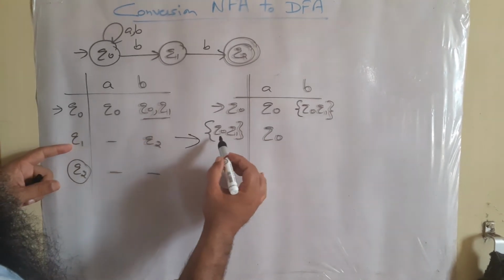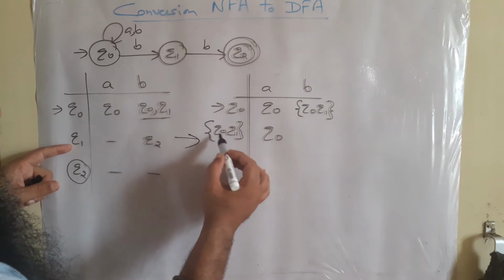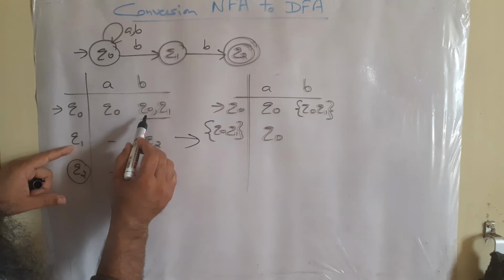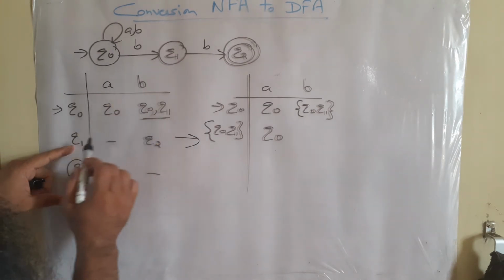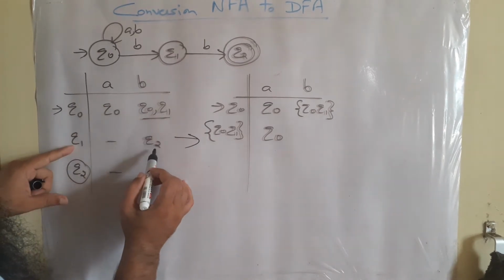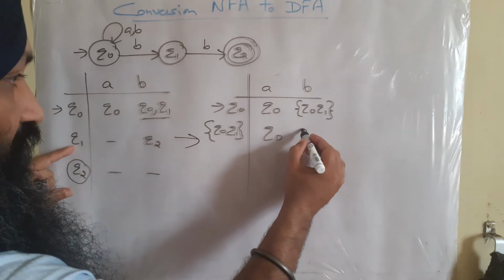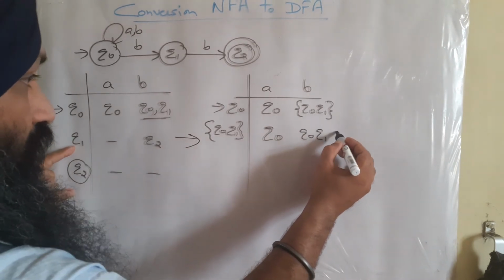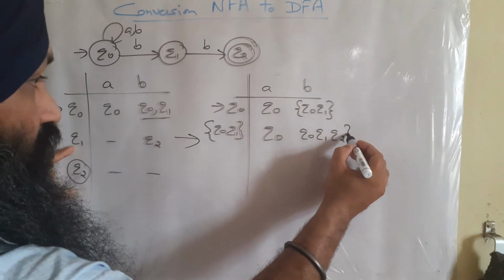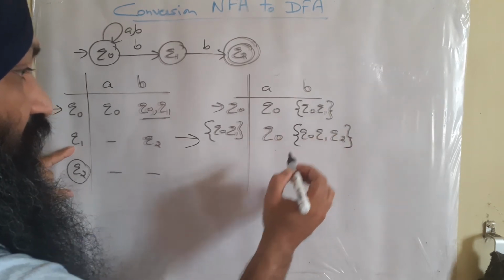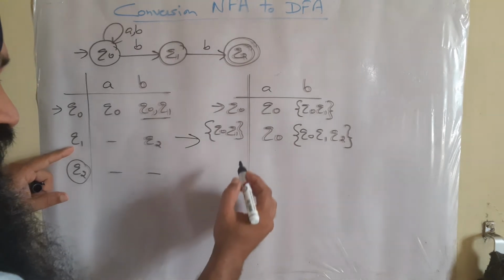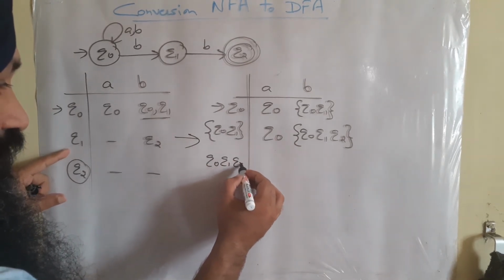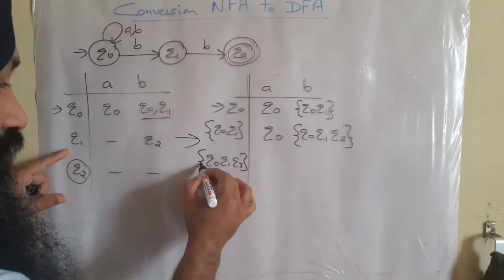Similarly, Q0 Q1 responds to B: Q0 responds to B with two states, Q1 responds to B with one state, and we get another combination, that is Q0, Q1 and Q2. This is the next new state that arises. So let's discuss this one also, Q0 Q1 Q2.